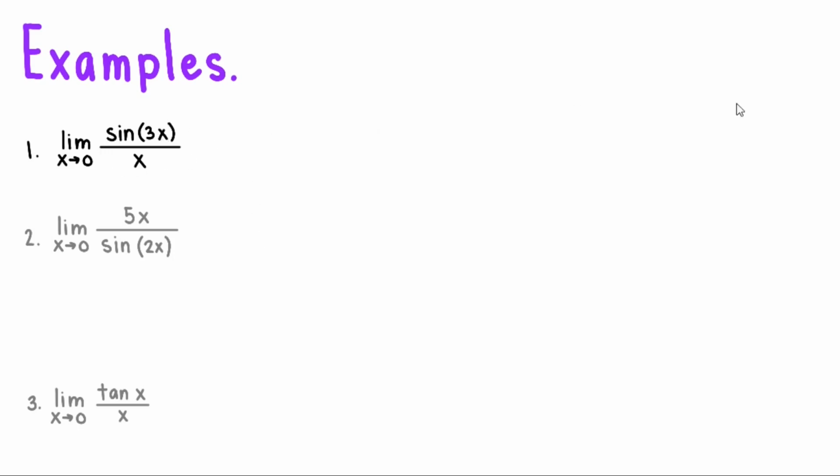In these types of examples, the key is to observe the constant or the coefficient beside the variable inside this sine function. So observe that we have 3 out here, and using that one, we'll be multiplying 3 over 3 out here.